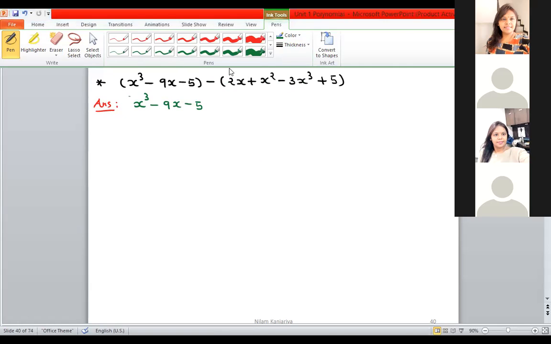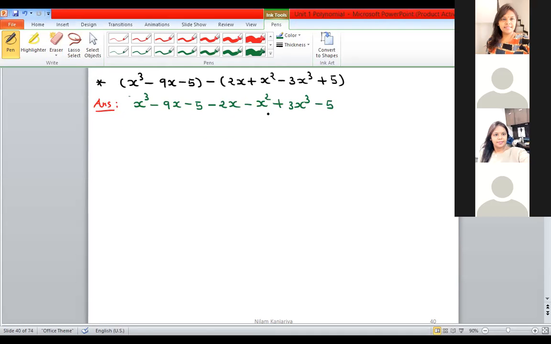So if you have a minus number, you just change the sign of every number. So 2x becomes minus 2x. Positive x square becomes minus x square. And here minus minus plus. And this is minus 5.